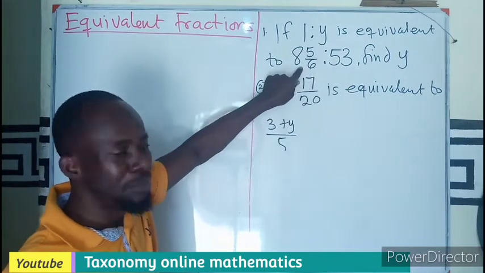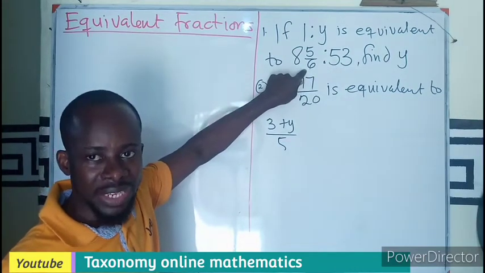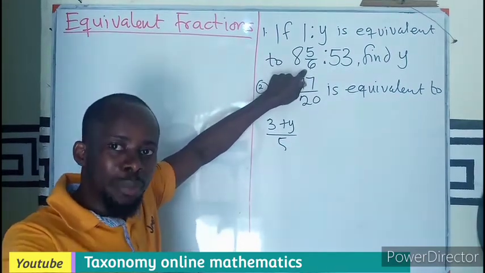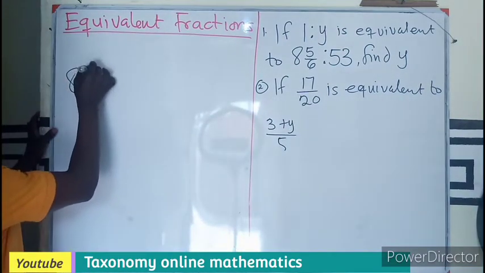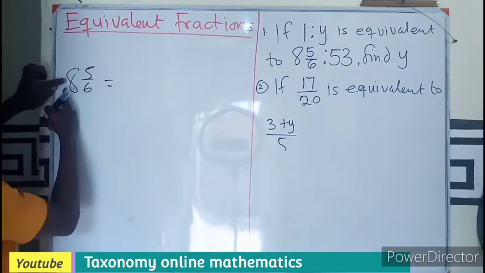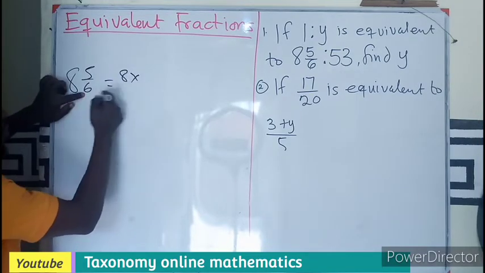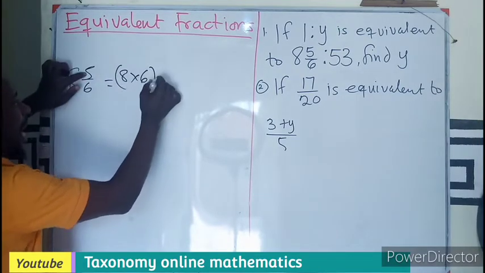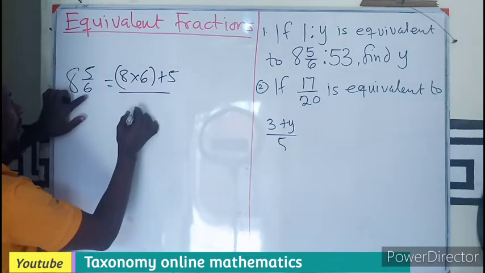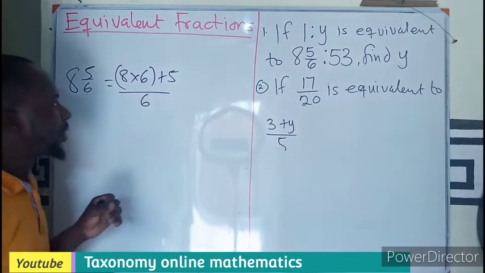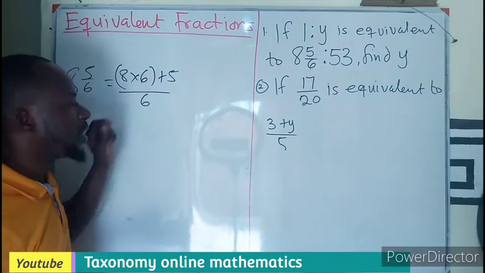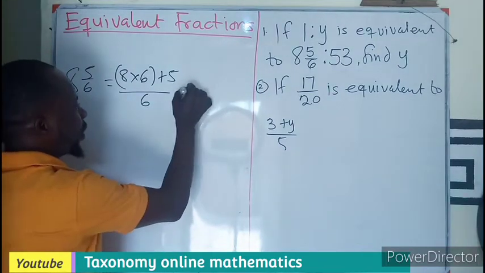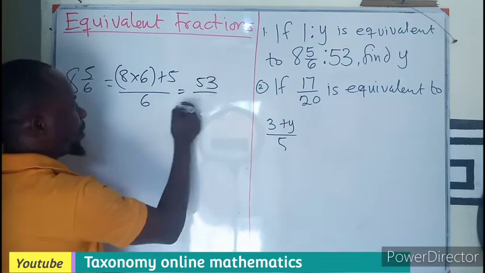But you can see this is a mixed fraction, so we can convert it into an improper fraction by having 8 times the denominator 6, which is 48, plus the numerator 5. I believe that will be 53 divided by 6.